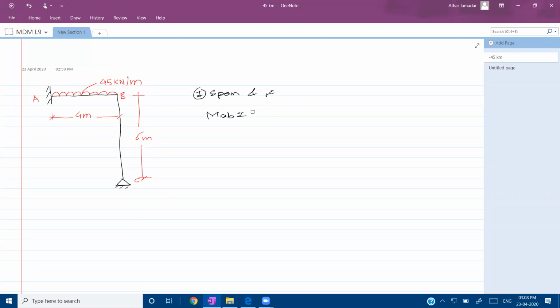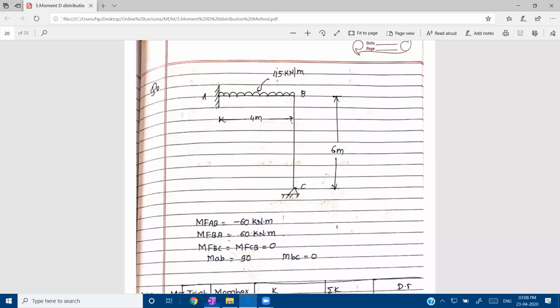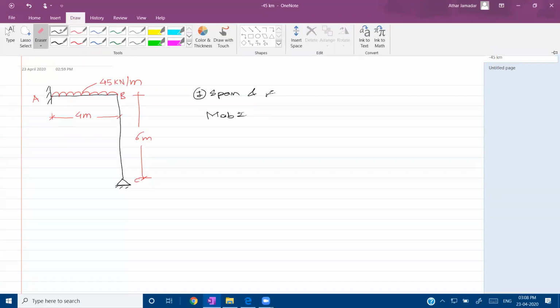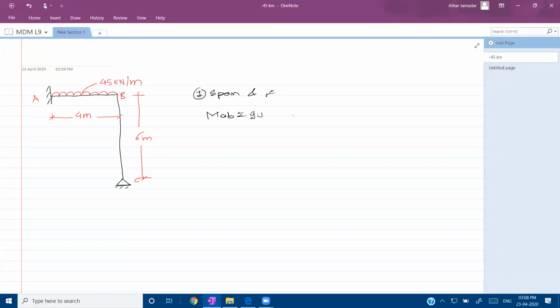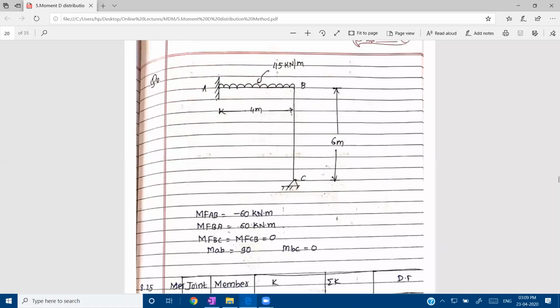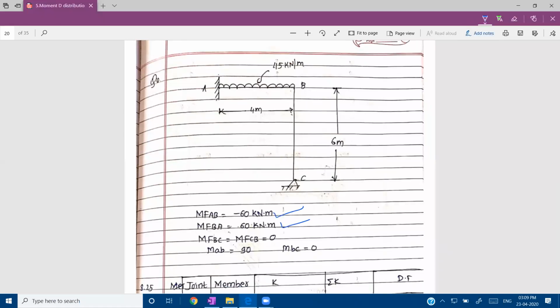So that value comes out to be, let me check, so the value MAB is 90. And similarly, MFAB value here is WL square by 12, minus 60 and plus 60. So these are two values for MFAB and MFBA.